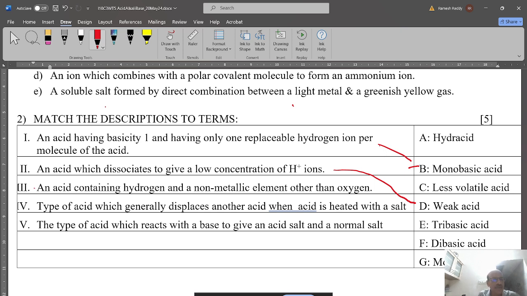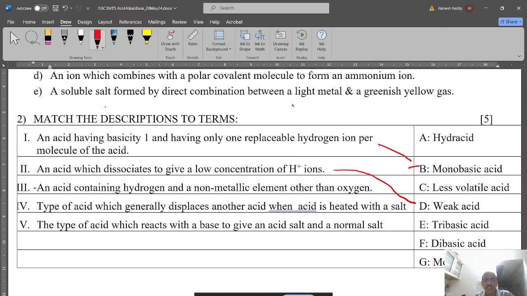Hope you are clear about the second one. Let us go to the third one. An acid containing hydrogen and a non-metallic element other than oxygen. That means it is not containing oxygen.